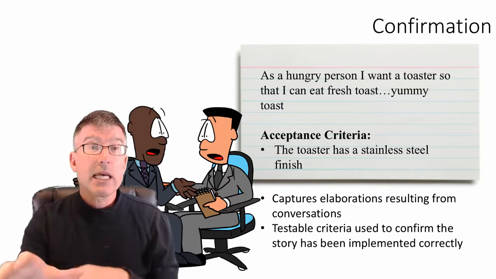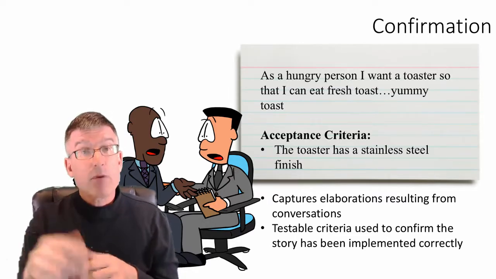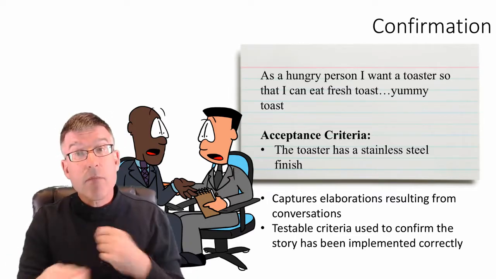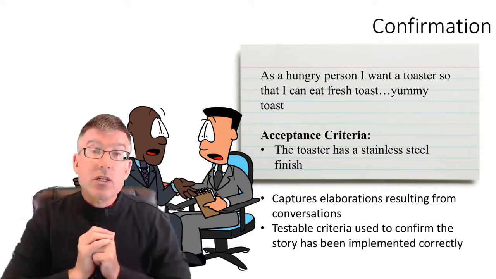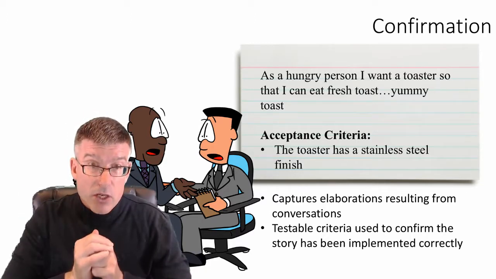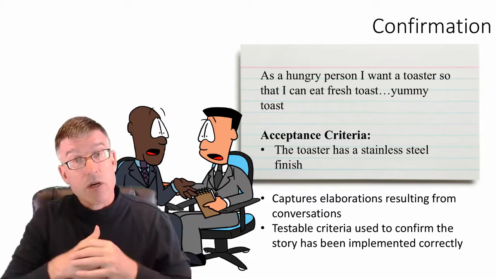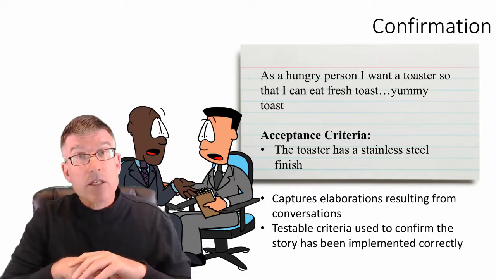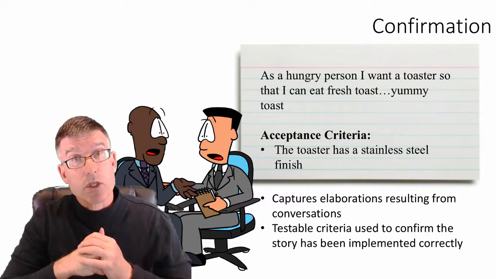Well, in XP, at the end of their sprint, they would take the cards and tear them up, because in their view, the acceptance criteria formed the basis of their requirements. Made sense, right? These were the automated tests that could demonstrate that the system was complete.